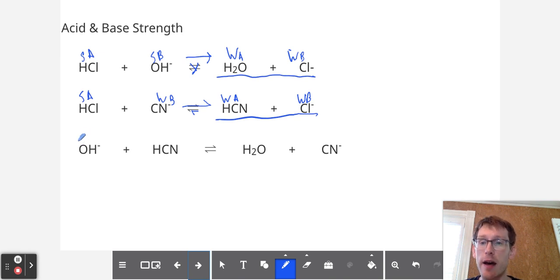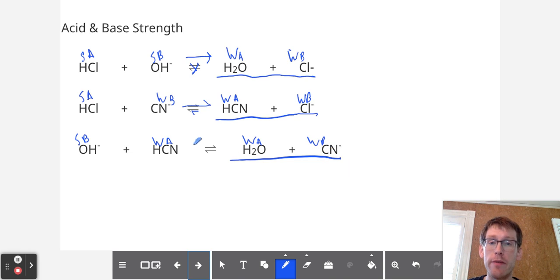And next, we have a strong base hydroxide and a weak acid, giving us a weak acid and a weak base. Again, strong and weak giving us weak and weak. The right side is going to be favored because there's just less strength on the right side than on the left.